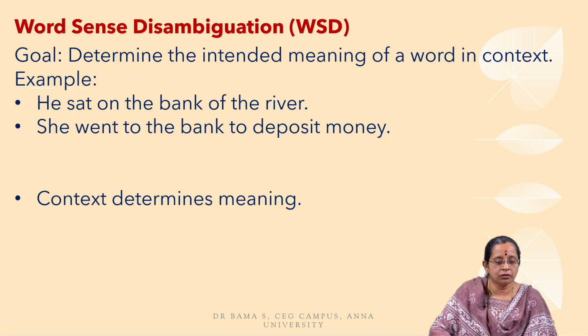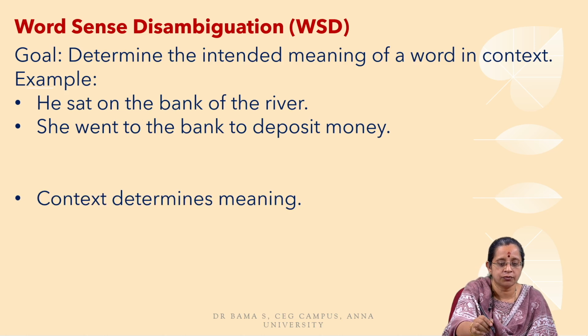Another one is word sense disambiguation, where the goal is to determine the intended meaning of a particular word in a specific context. For example, he sat on the bank of the river, she went to the bank to deposit money; again the same bank example. So, as I said earlier, the context defines the meaning.